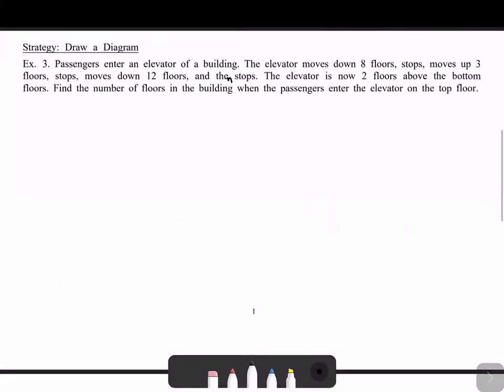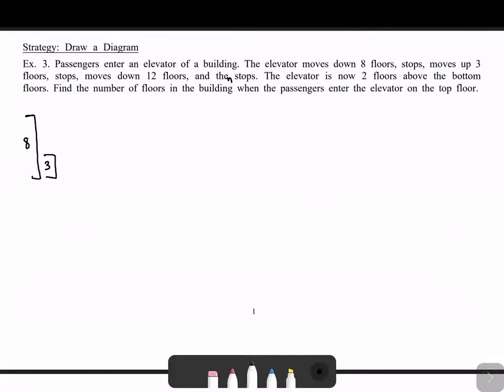So we have passengers get in on this floor, and then they move down 8 floors. So there are 8 floors between where they got on and where it stopped. Now it stops, and now it moves up 3 floors, right? It went up 3 floors from where it stopped.